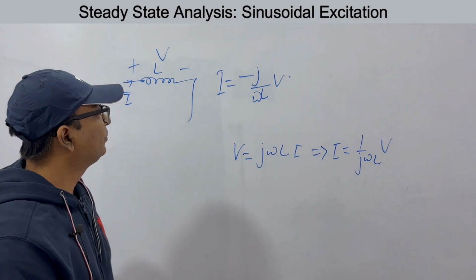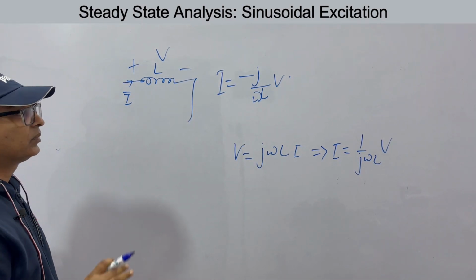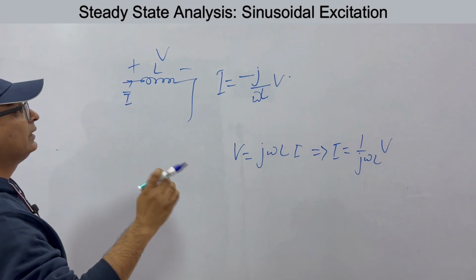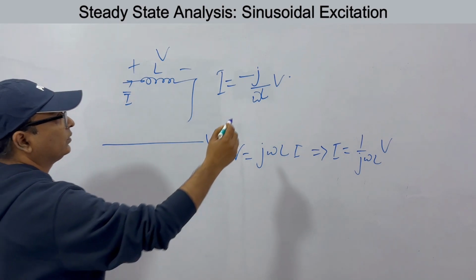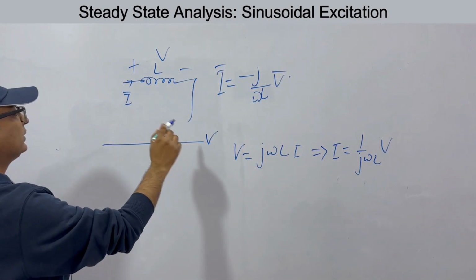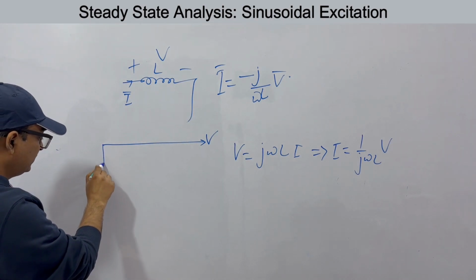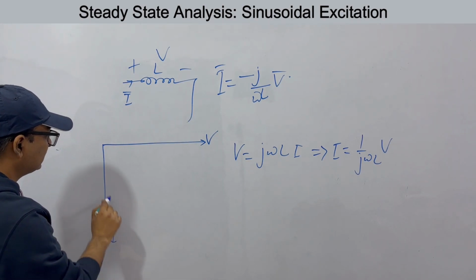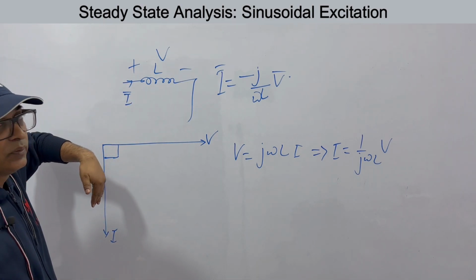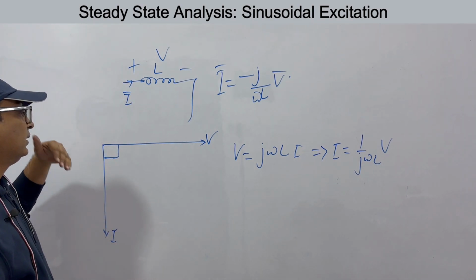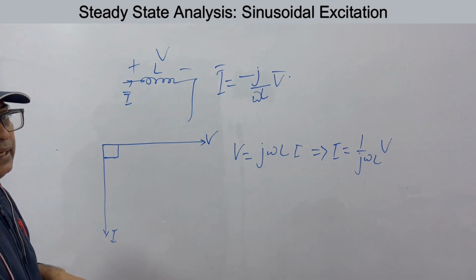So what you get from here? When you say I is minus j some quantity into V, that is, if we have V as this vector, we are talking of vectors only. If this is V, minus means I will be like this, turned 90 degrees negative to V. The expression is called I lags the voltage by 90 degrees.